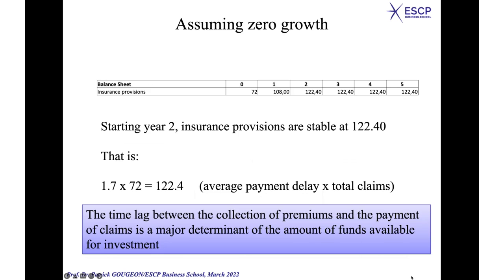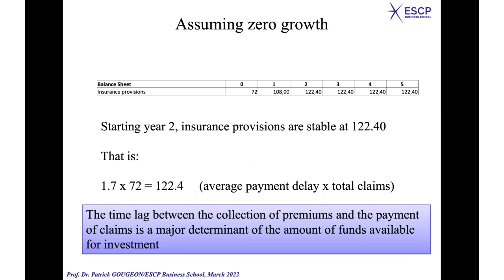So the time lag between the collection of premiums and the payment of claims is a major determinant of the amount of funds available for investment. That's an important point you also need to have in mind to understand why insurers are major institutional investors. That's the reason why they have huge amounts of funds in hand.